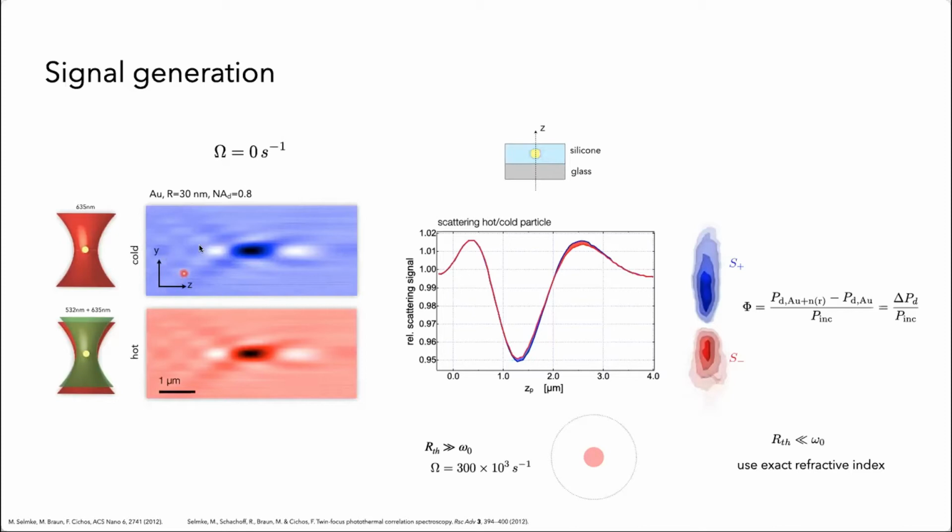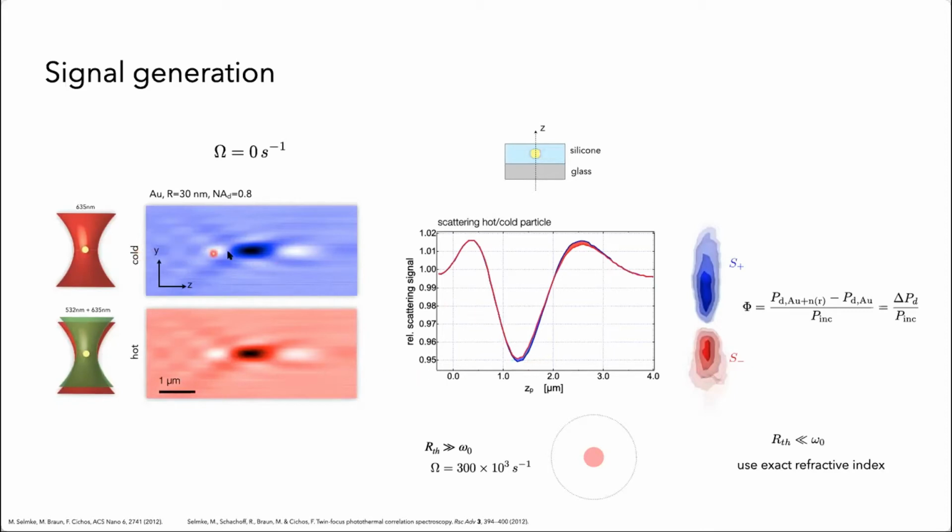It has a 30 nanometer radius, and you have a certain detection aperture. You measure once with a probe beam the scattering, and you get this kind of signal. This is the optical axis direction. And you switch on the heating beam, which is at 532, and you get this kind of signal. They essentially look the same, which they should, because there's only a tiny difference.